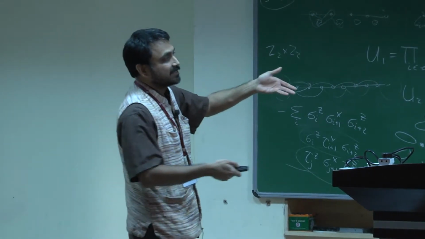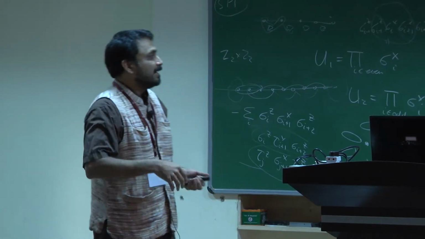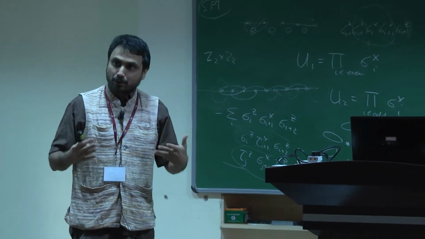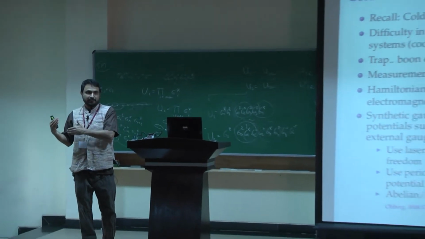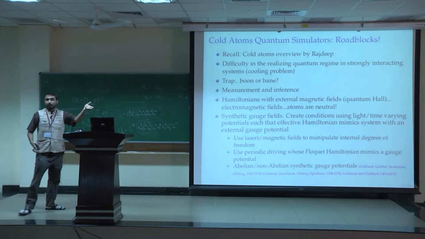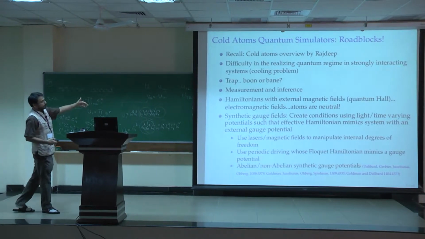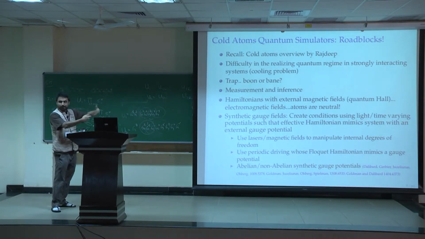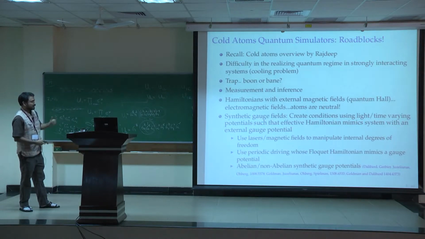You create conditions, either using light or some kind of time-varying potential, in such a way that the effective Hamiltonian of the system mimics a system with an external gauge potential. This is what we call synthetic. The atoms are neutral, so we want to endow them with some kind of charge, if you like, and that is obtained by creating conditions where the effective Hamiltonian develops these gauge potentials.